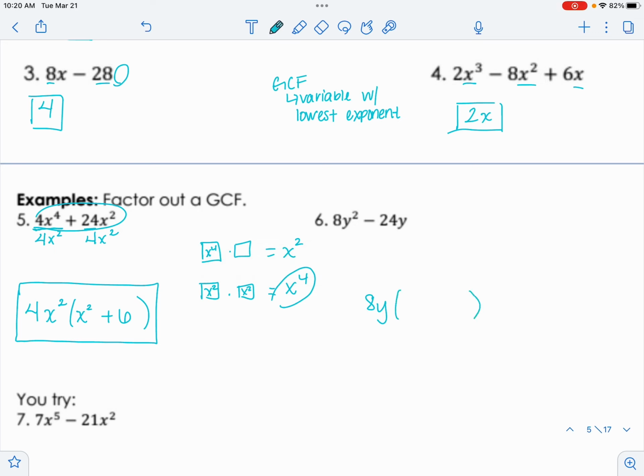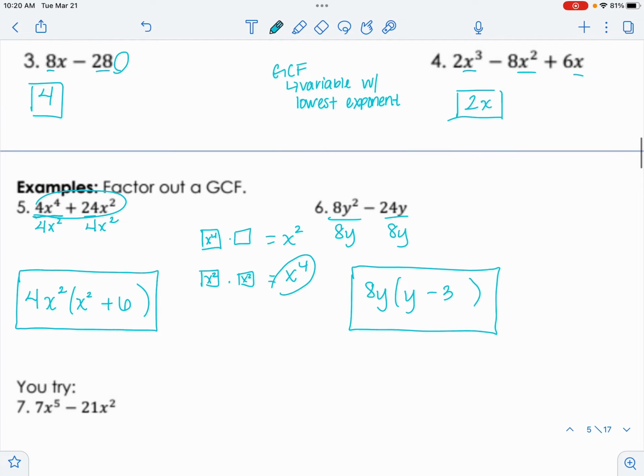So 8y squared over 8y is just y. Negative 24y over 8y is negative 3. And that's our answer. Again, if you wanted to check it, multiply it back through, and you get your original problem.